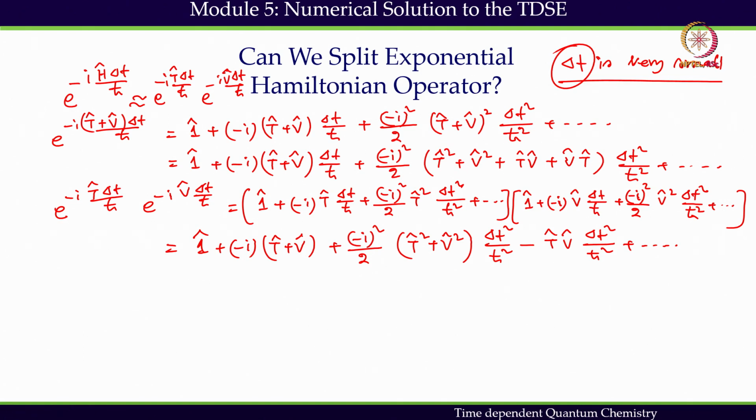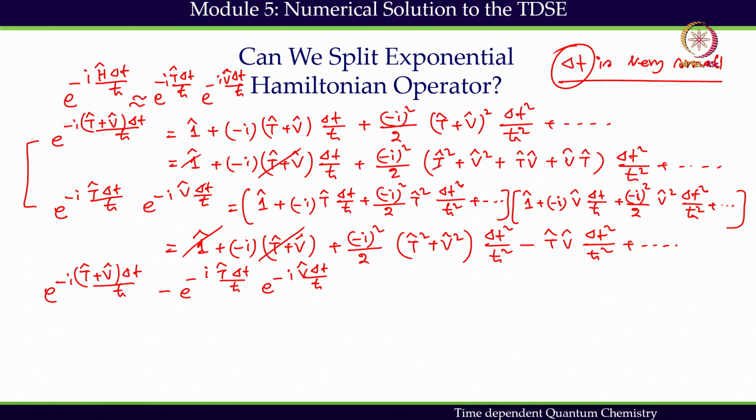So, in order to find out the error, I make a subtraction between these two expressions. I get e to the power minus i (t plus v) delta t by h cut minus e to the power minus i t delta t by h cut into e to the power minus i v delta t by h cut. If I take the difference, then this part will cancel out, these two parts will cancel out, and I will have the difference between the remaining parts.